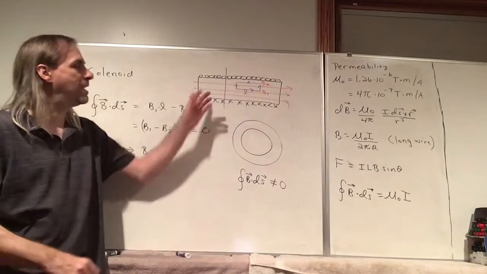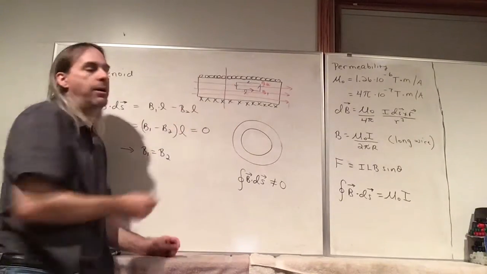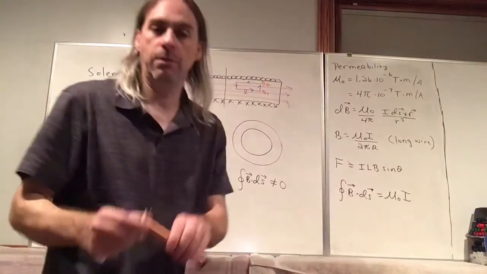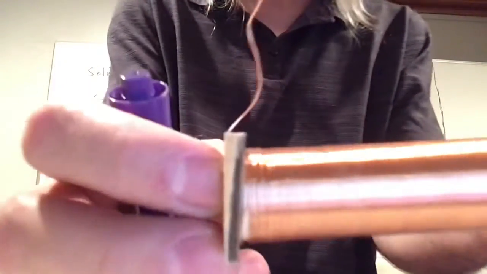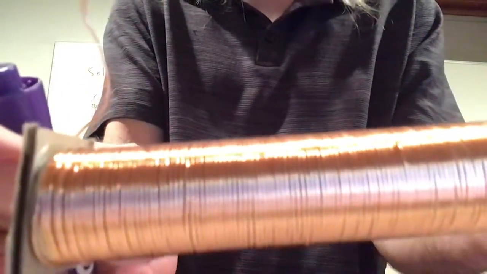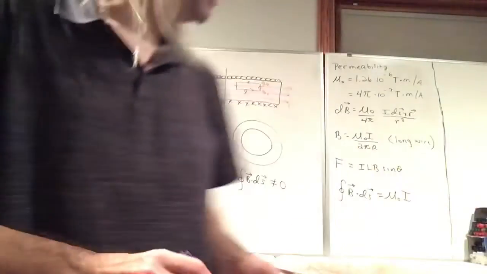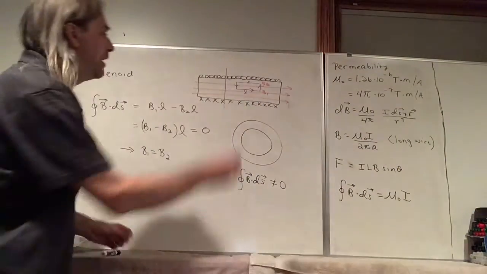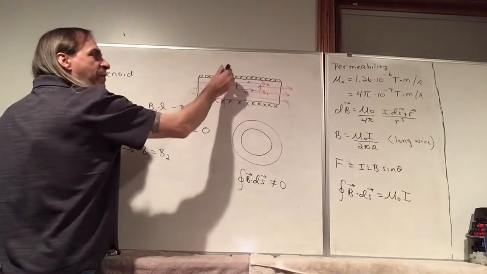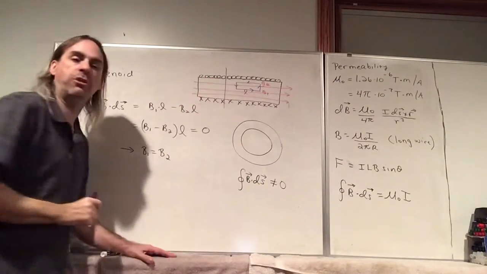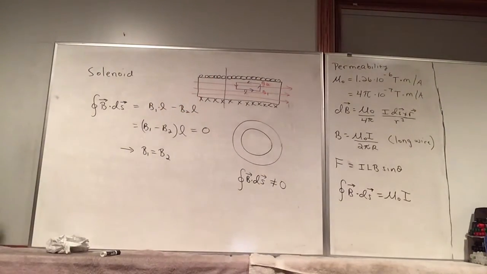Because the current is mostly going, like you can see these wires here. I don't know how well you can see them, but they're very closely packed together. And so, the current is mostly going this way. A very tiny component is actually crossing that surface.